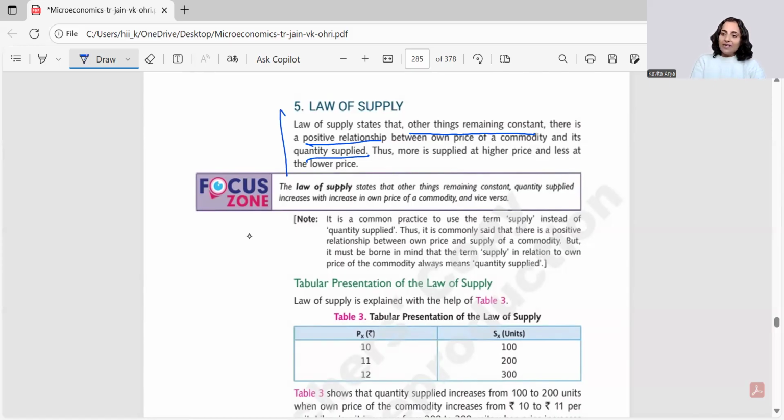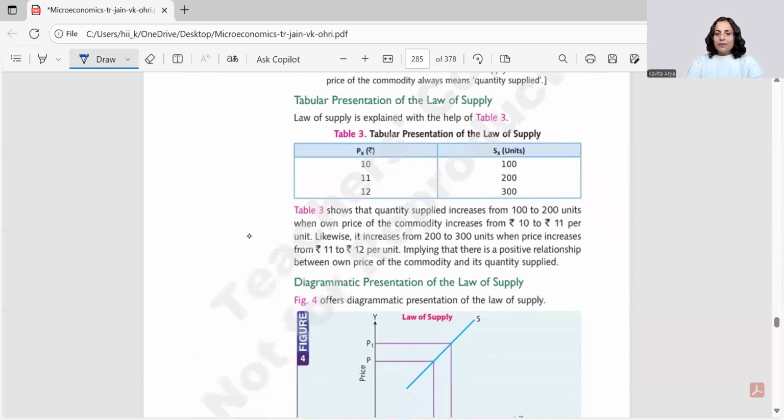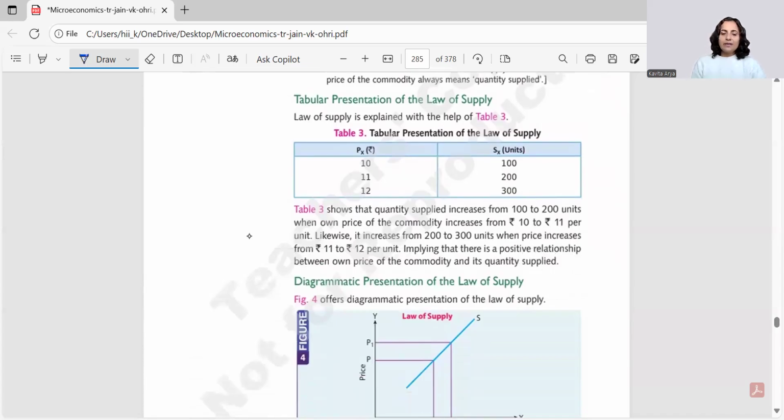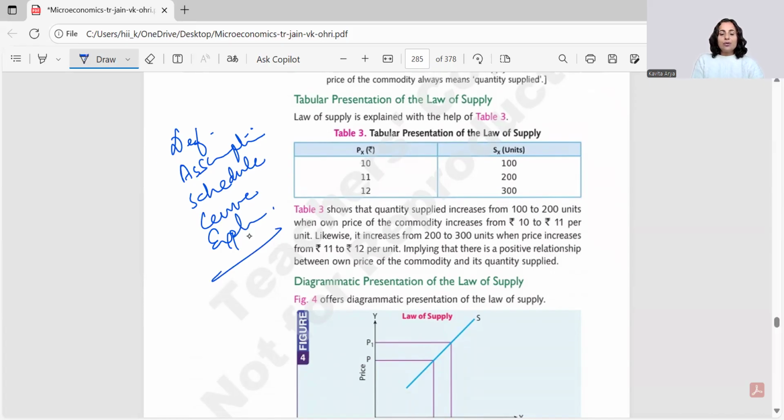And we have actually used this before also in the previous section of this very chapter, right? And as I've told you several times, whenever there is any law, we have to define it, give the assumptions, followed by schedule and curve, and then the explanation. With this all, we would be able to get full marks.